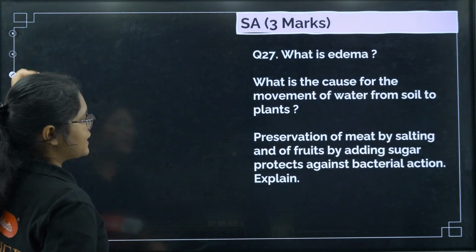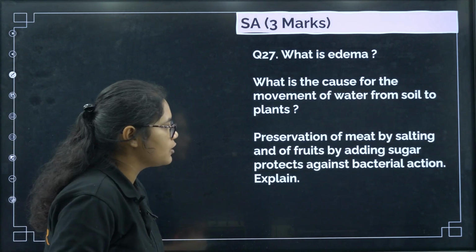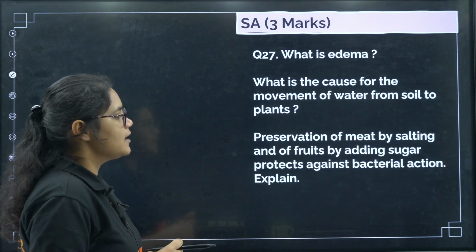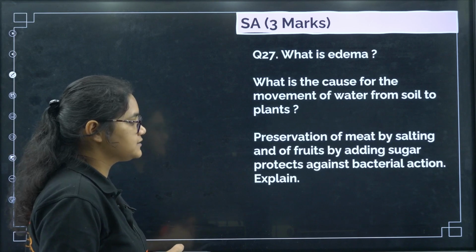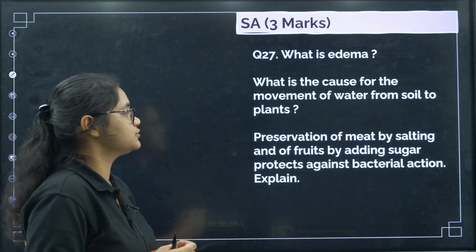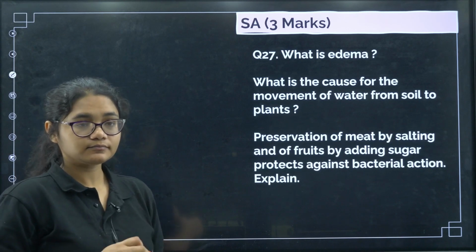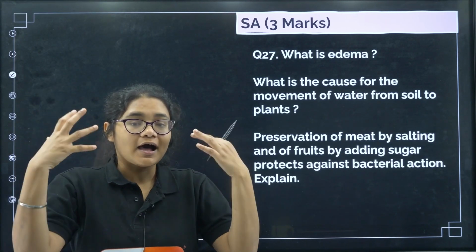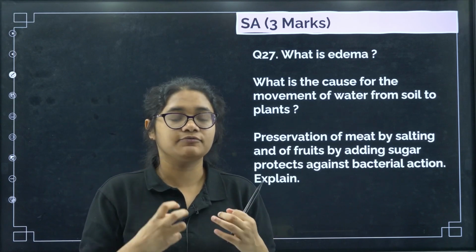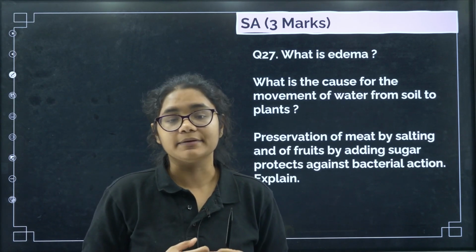Next, we have what is edema, what is the cause of movement of water from soil to plants, preservation of meat by salting and of fruits by adding sugar protects against bacterial infection, explain. So these are all applications of osmosis. Edema is what? See, when you take a lot of highly salt concentrated food, the salt concentration of food is very high, then what will happen?